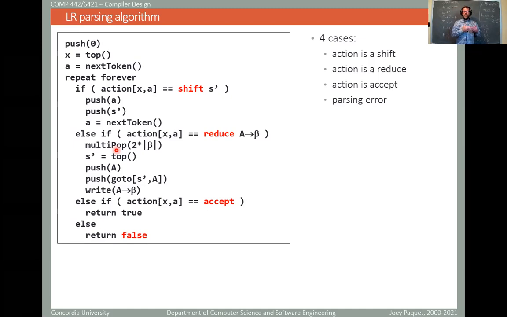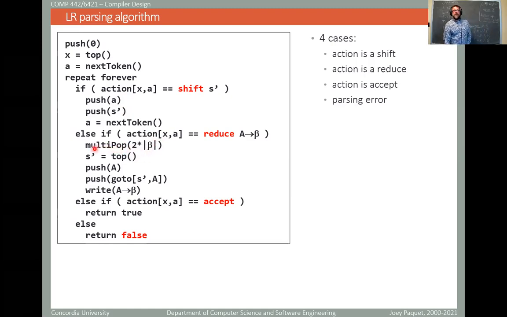So if you have a right-hand side of, let's say, length 3 on top of the stack, you have to pop 6 things from the stack. That's why you pop twice the length of your right-hand side from the stack, in order to also remove the states that came with every symbol that you pushed onto the stack when you did shift actions.